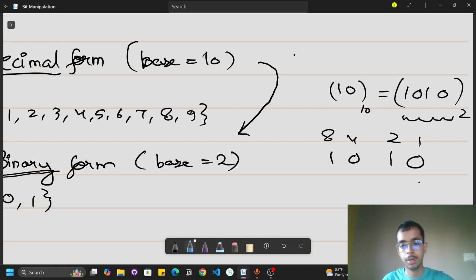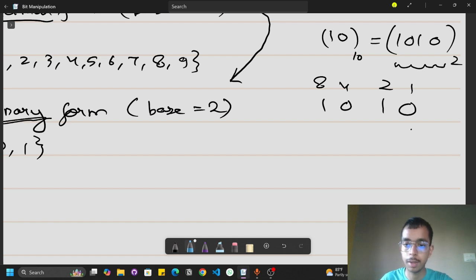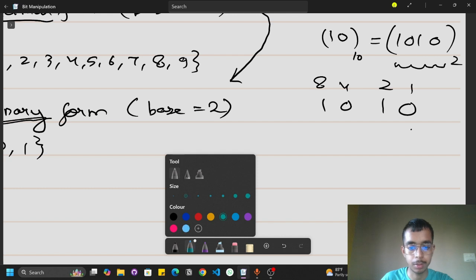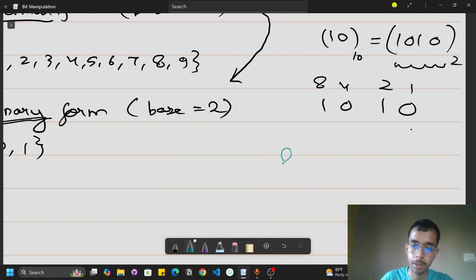So the multiplication will result in 8 into 1 plus 4 into 0 plus 2 into 1 plus 1 into 0.